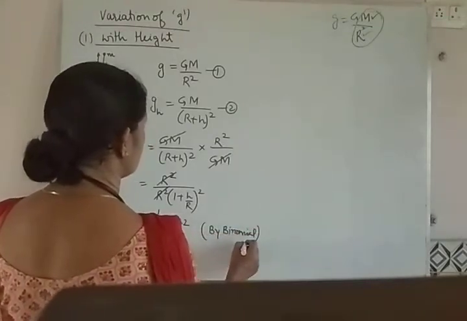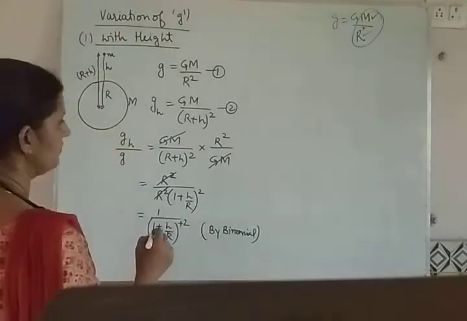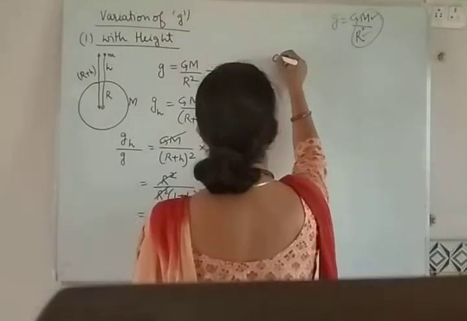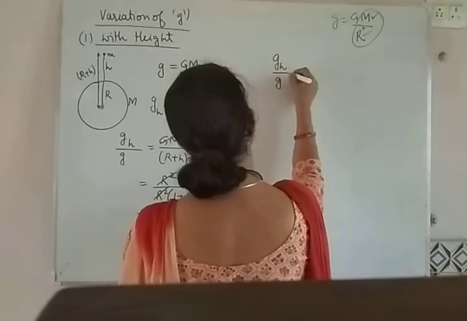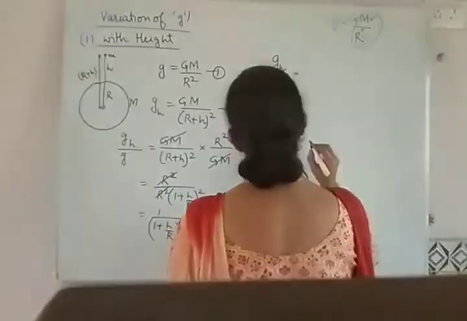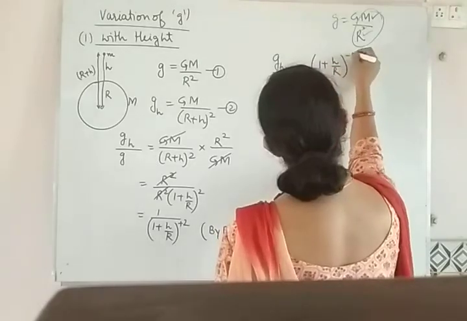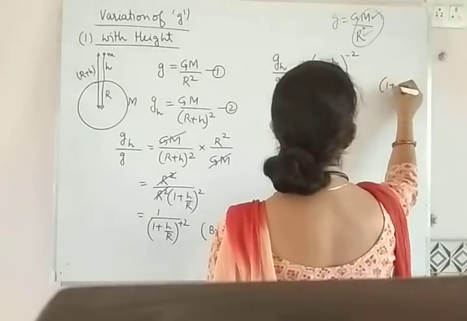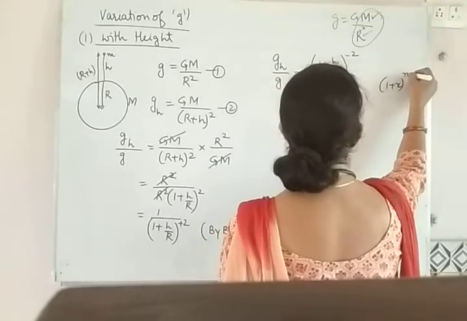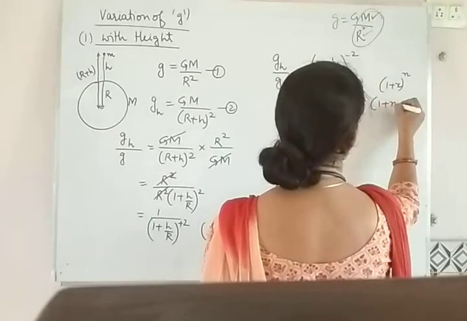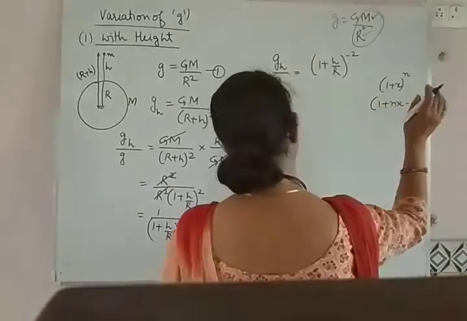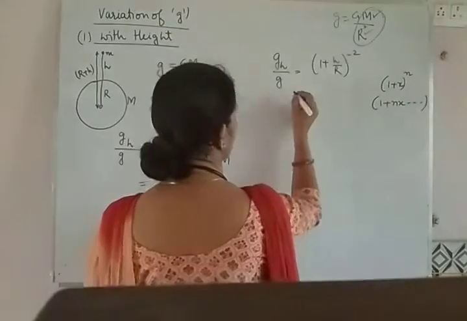So this relation we can solve by binomial expansion. In binomial expansion we have gh by g equal to 1 plus h by r raised to minus 2. The formula is (1 plus x) raised to power n, which is 1 plus nx, and we can neglect the higher terms. We can consider only one term.